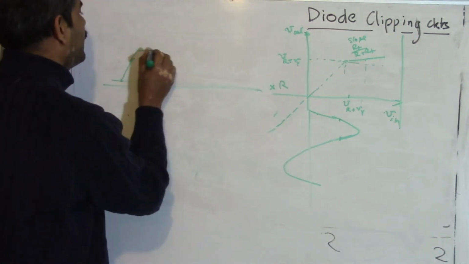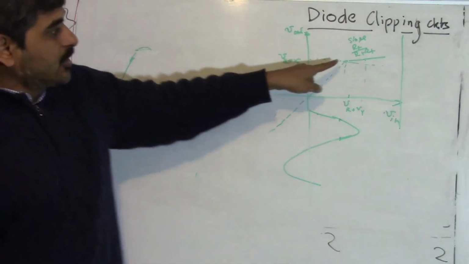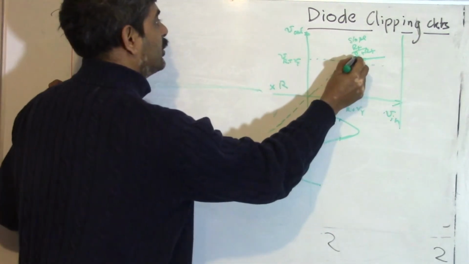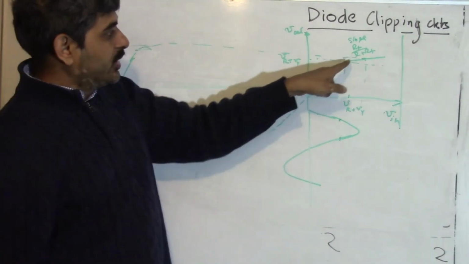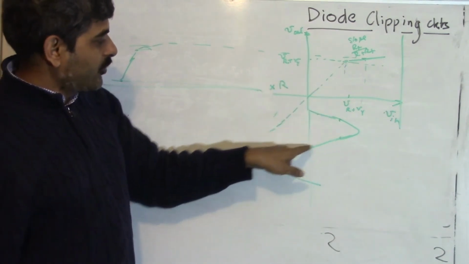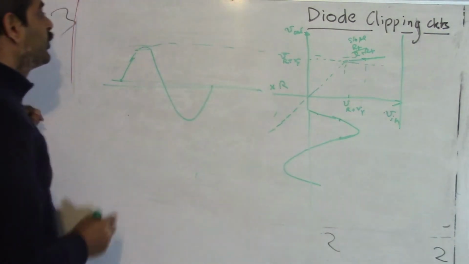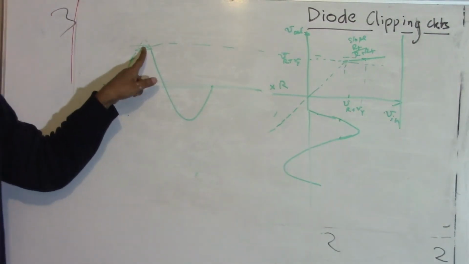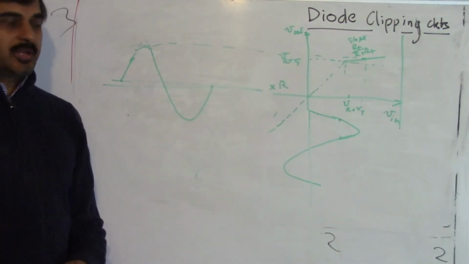Instead, it looks like a little bulging curve, and that happens because of this slope. The peak of this slope matches with the point here. Then finally, when the voltage drops below this, the output voltage again follows the input voltage. So our graph looks like this, and this is our input curve.